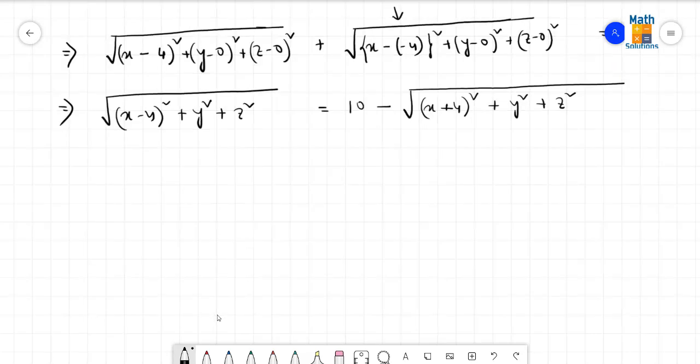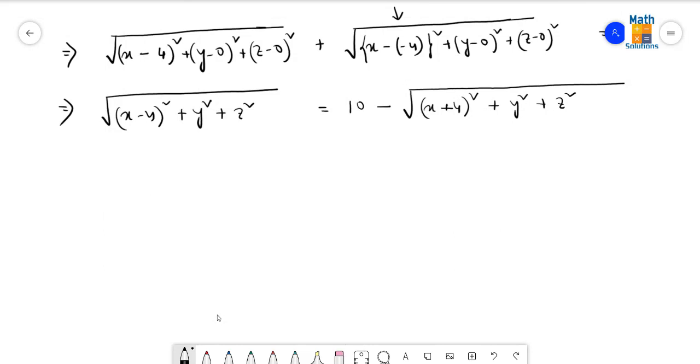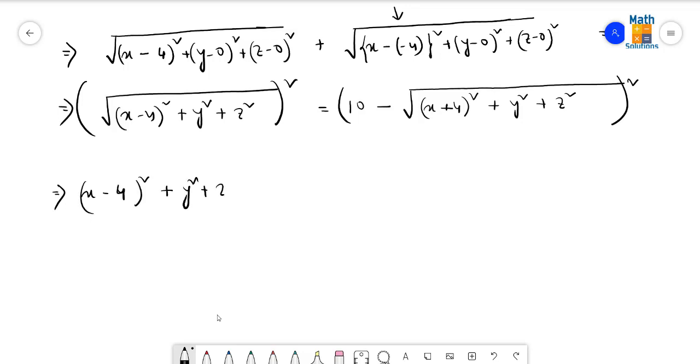Let us now square both the sides. So squaring both the sides, what we shall get? The calculation seems to be actually big. Whole square plus y square plus z square, that is equal to, means square root sign on LHS got removed.